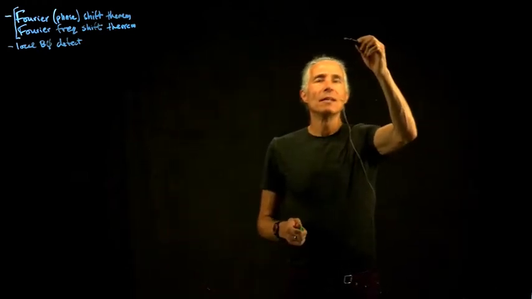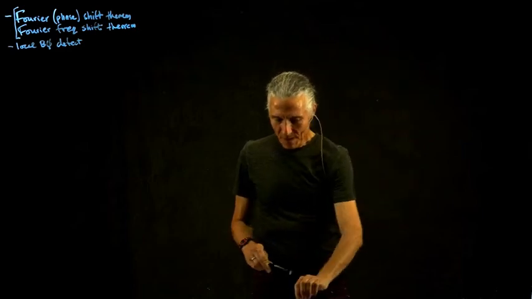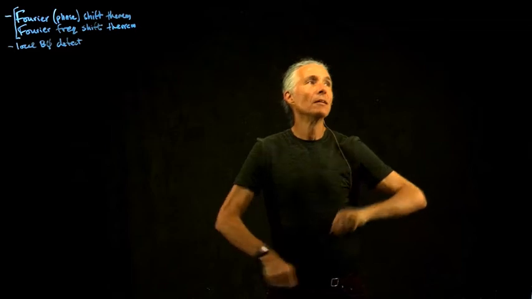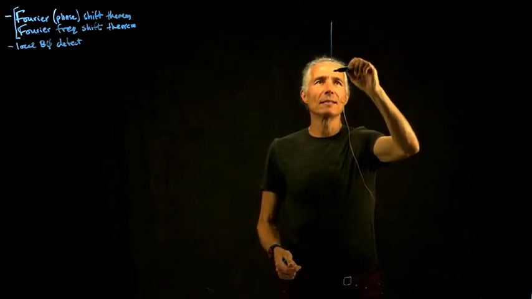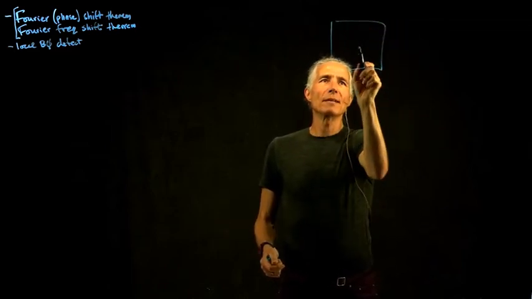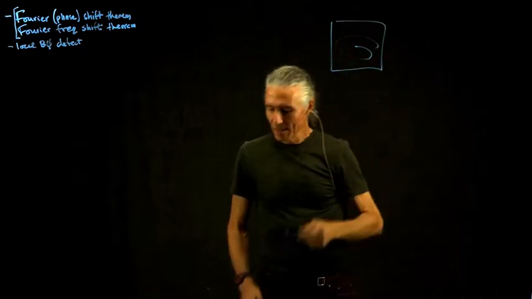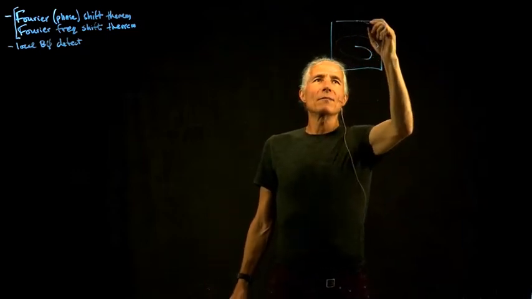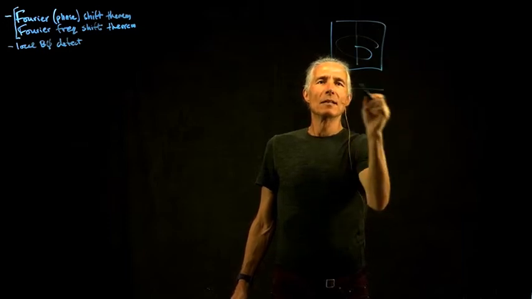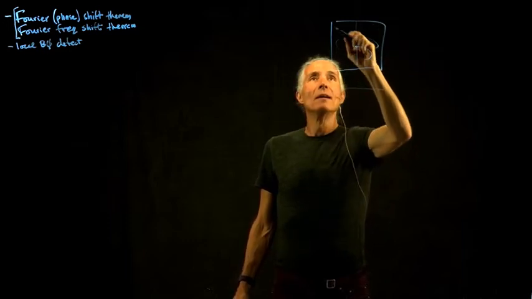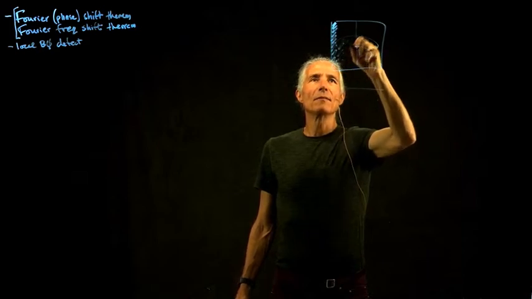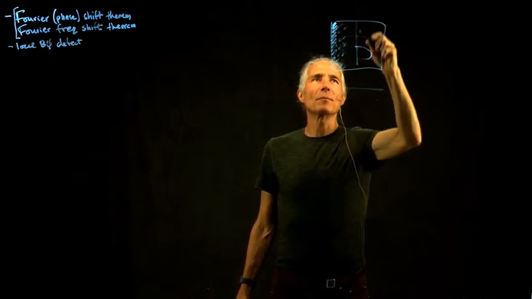And so if you think of what's going on, this is image space. So here's a brain in image space. Say we have two stripes put on the brain.